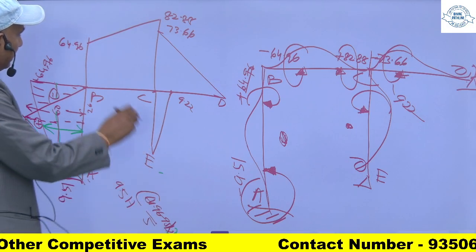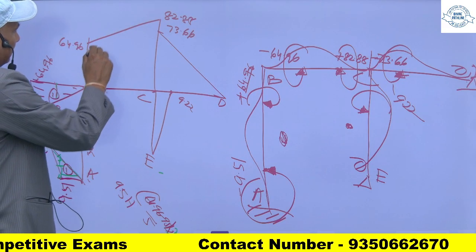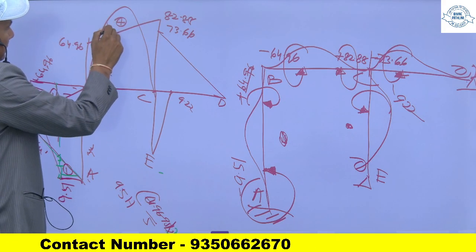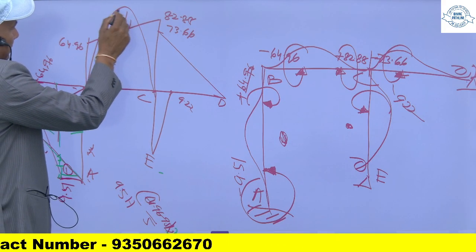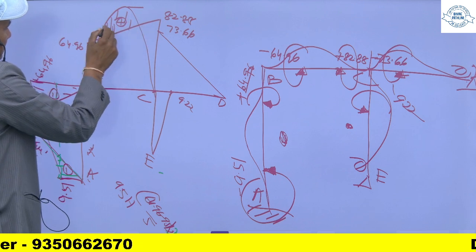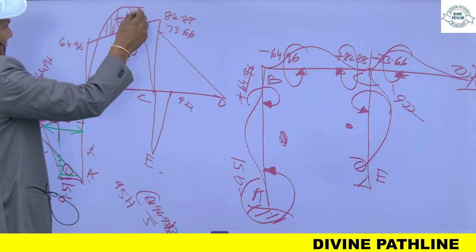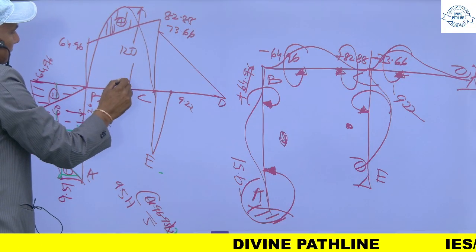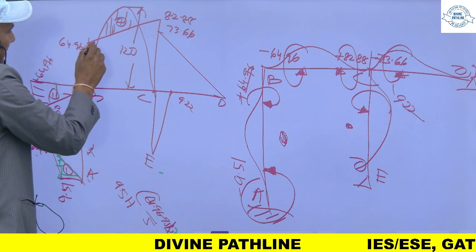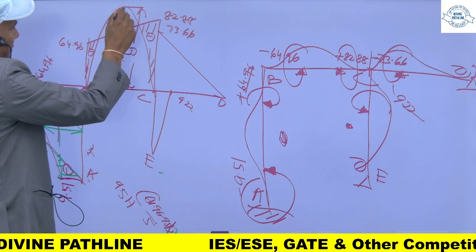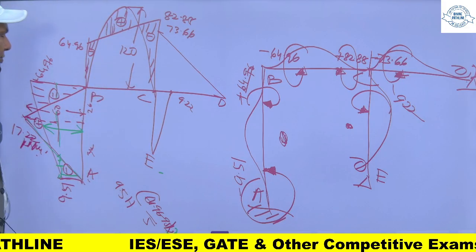So this will be parabolic. This total is 120 from this point to this. This is my minus, and this maximum value you can find from the interpolations.